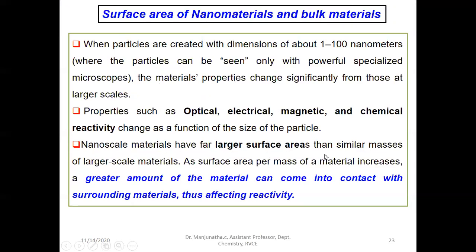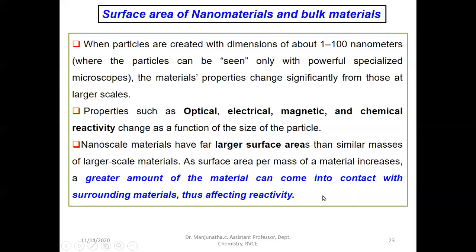Nanoscale materials have a larger surface area than the corresponding bulk material. If you take 1 gram of bulk material and 1 gram of nanoscaled material of the same type, the surface area of the nanomaterial will be larger than that of the bulk. So surface area per mass of material increases, and a greater amount of material can come into contact with surrounding materials.